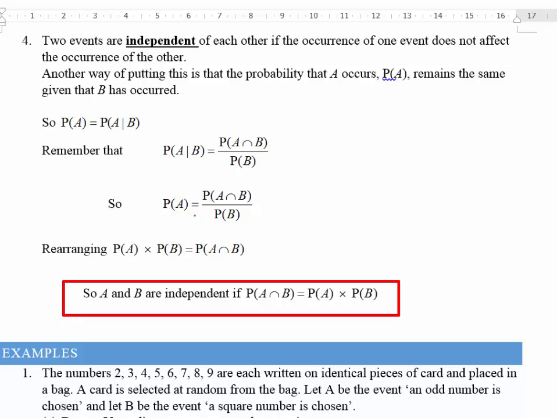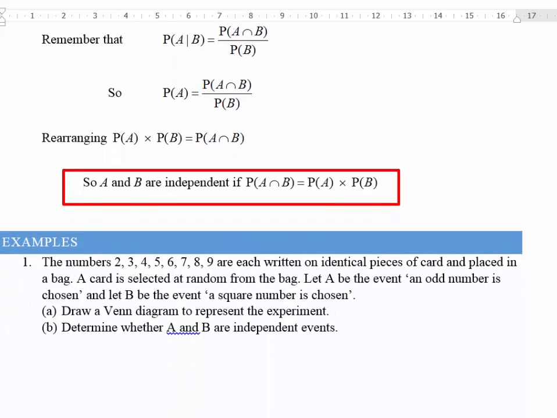Now if I just rearrange this equation by bringing the probability of B across to the other side, I end up with probability of A times the probability of B is the same as the probability of the intersection of A and B. And that's if we have independent events.